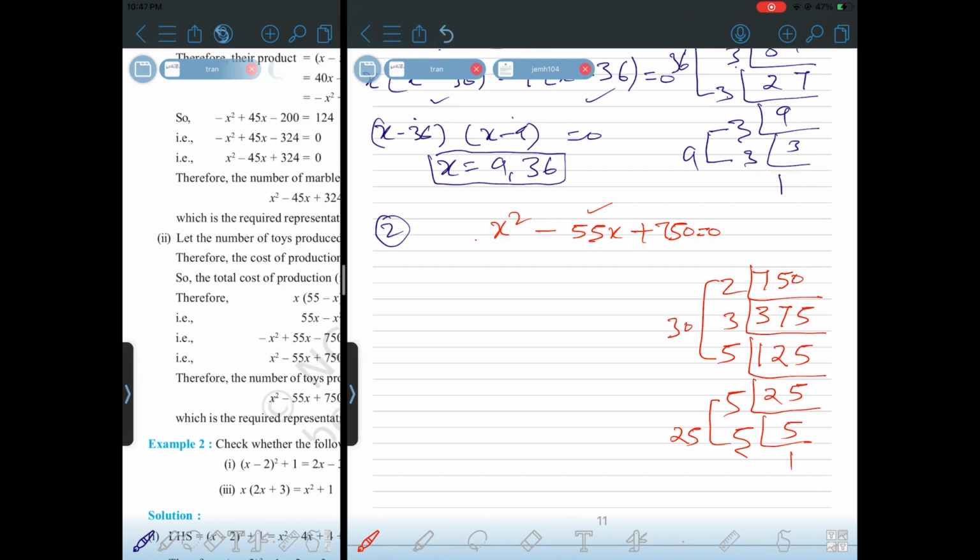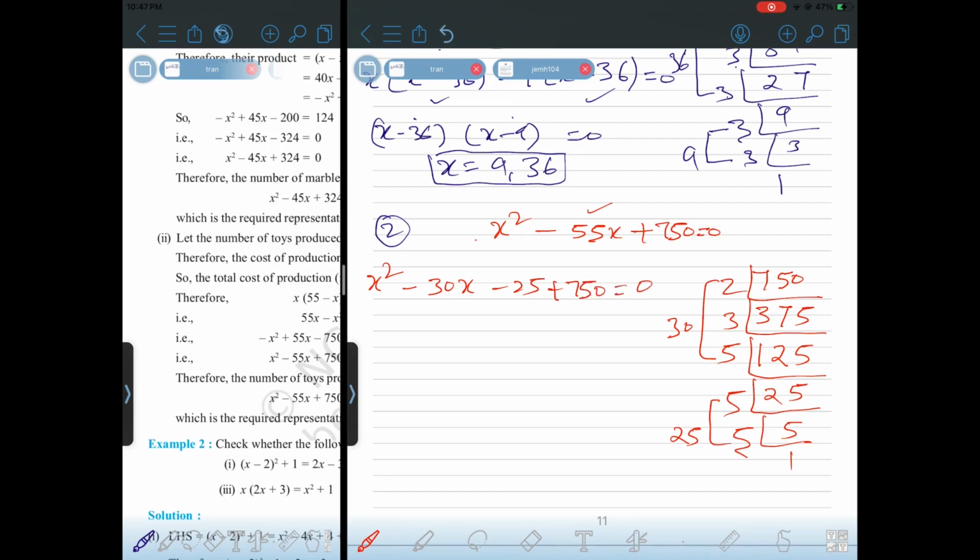If you sum these two numbers, you get 55. So now we can write it like this: x square minus 30x minus 25x plus 750 is equal to 0.